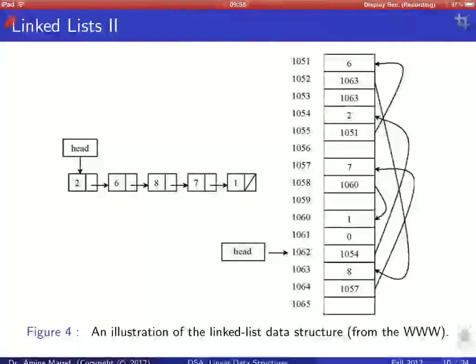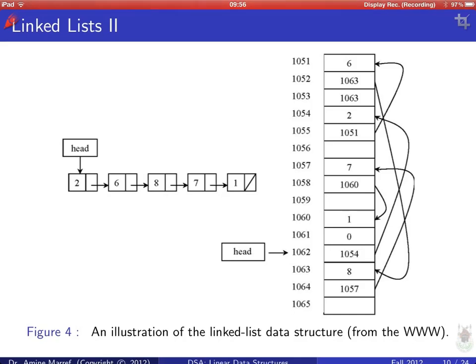Let's say this is C, this is A, this is B, and this is D. Let's say C is at address 100, A is 200, B 300, D 400.